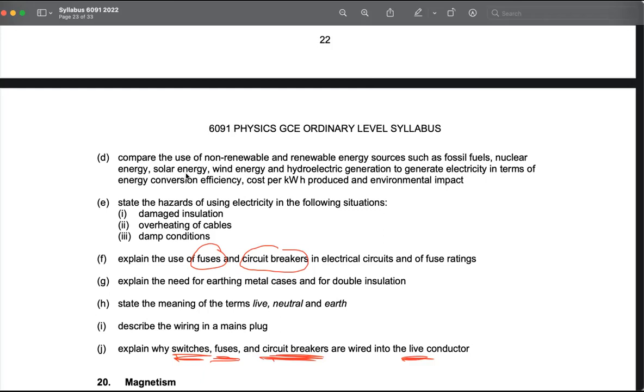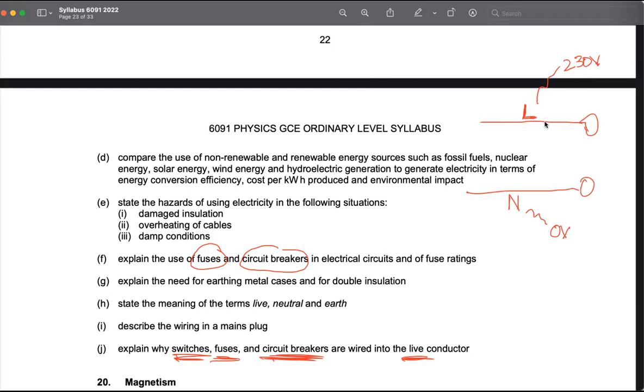So for example, you all learned circuit. This is your appliances. To power your appliances, one of them will be live and one of them will be neutral. Neutral has a voltage of 0 volt or potential of 0 volt. In Singapore, live is 230 volt. So if it's 0 volt and you yourself are 0 volt, by right, if you touch a neutral wire and not any live wire, you should be fine.